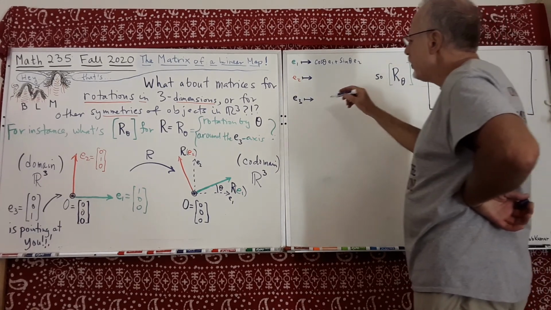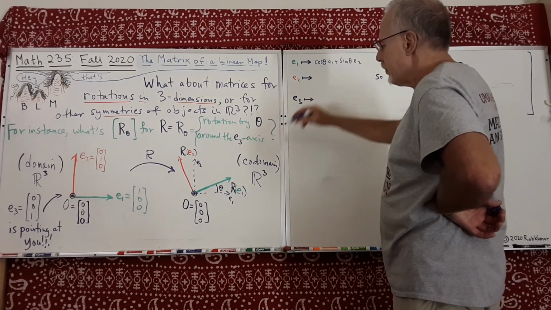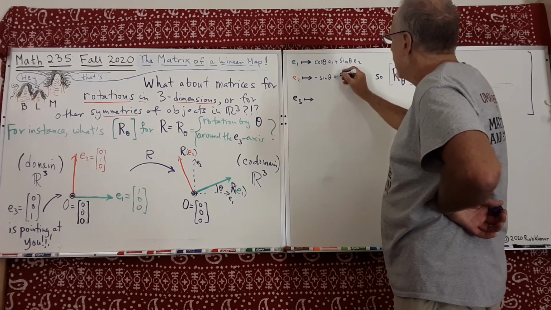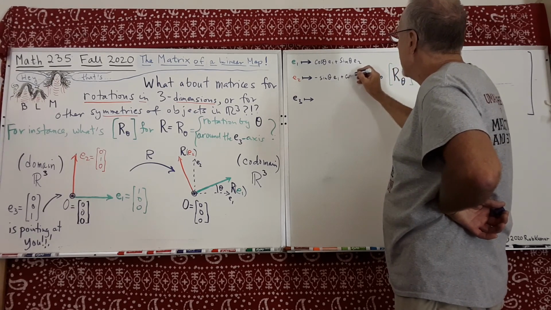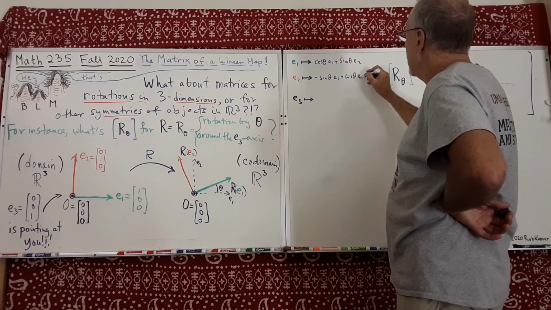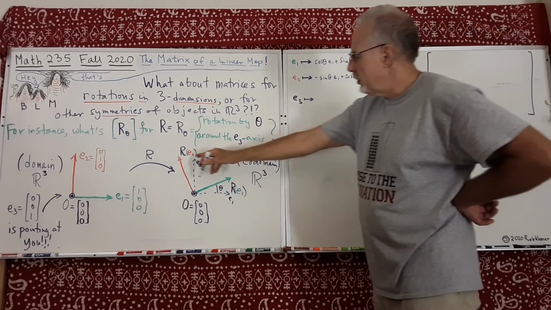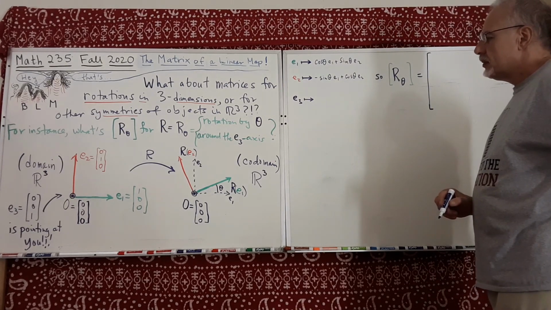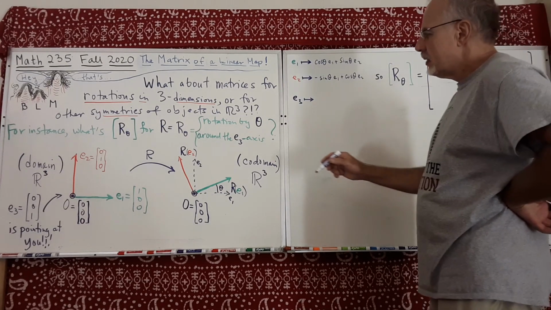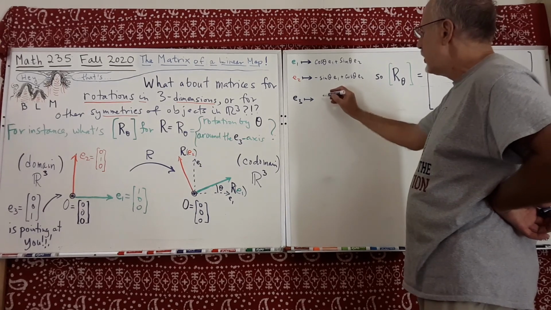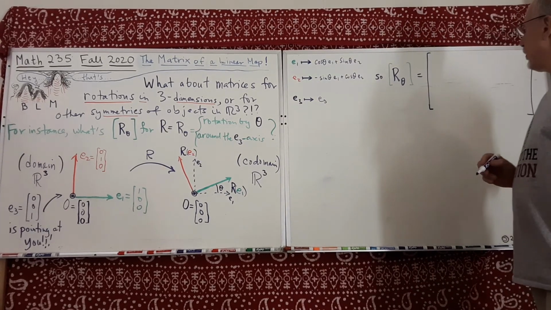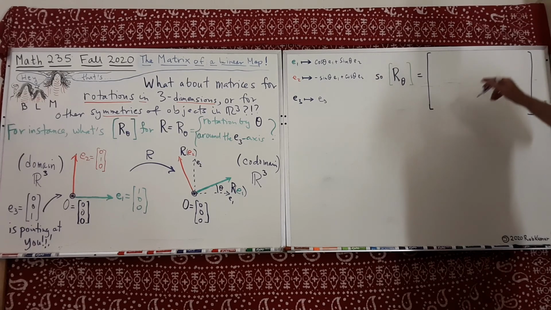And E2 goes to minus sine theta E1 plus cosine theta E2. Okay, that's what you can see from that picture. And where does E3 go? Well, if I'm rotating around the E3 axis, E3 goes to itself. Okay? So from that, we can work out what the matrix looks like.